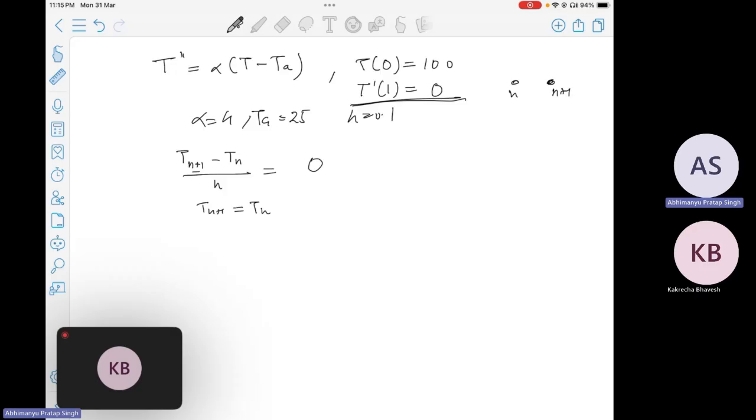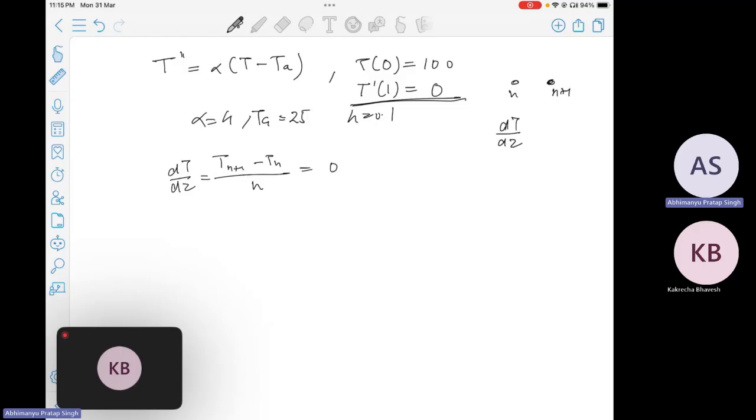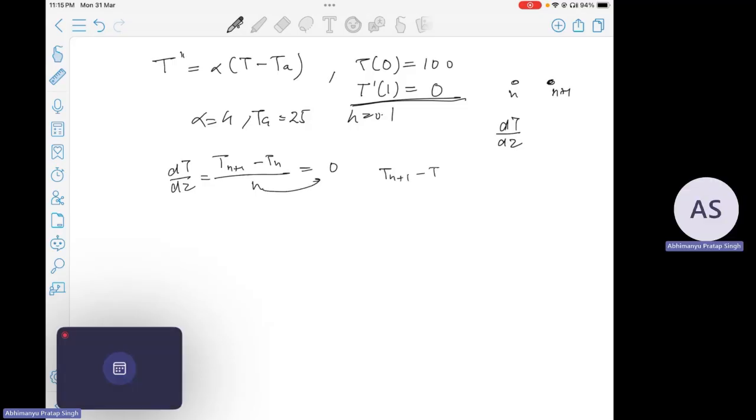So we write this dT by dz at this n plus 1 node using backward difference formula. That would give us T(n plus 1) minus T(n) divided by h. That is basically dT by dz at the n plus 1th node. And we know that this is given to us as 0. So this will go that side, and we just get T(n plus 1) minus T(n) is equal to 0.